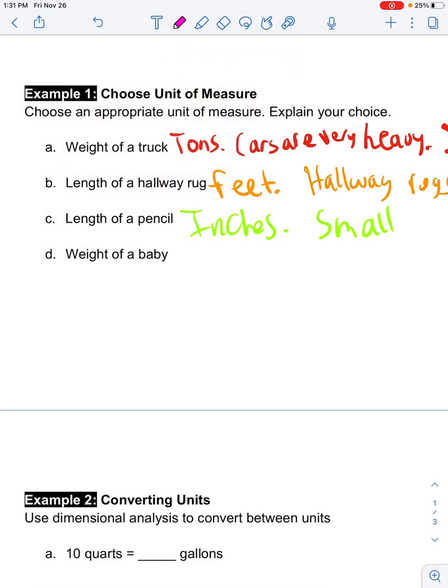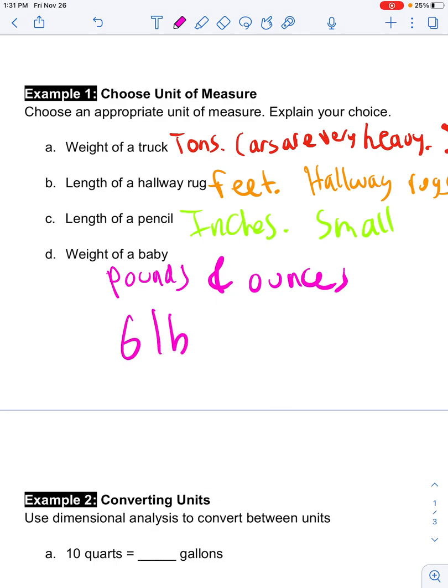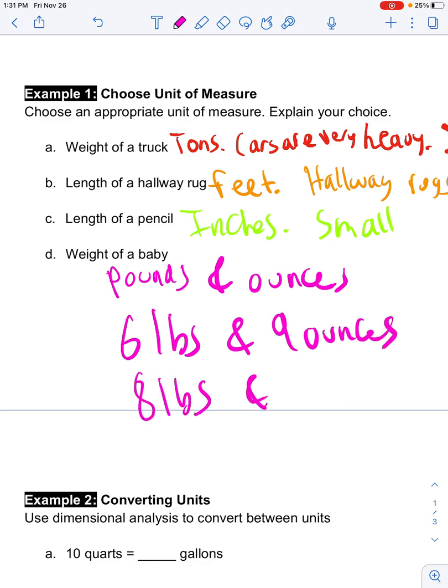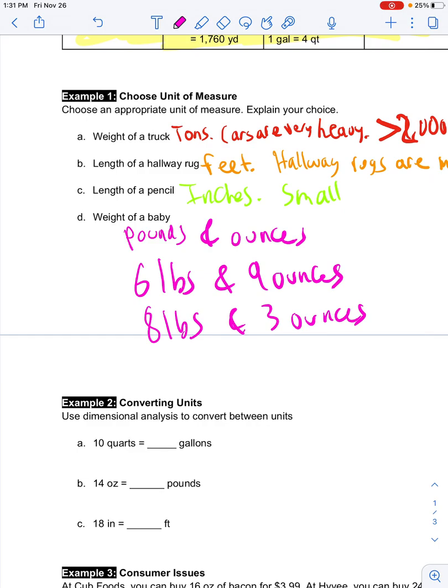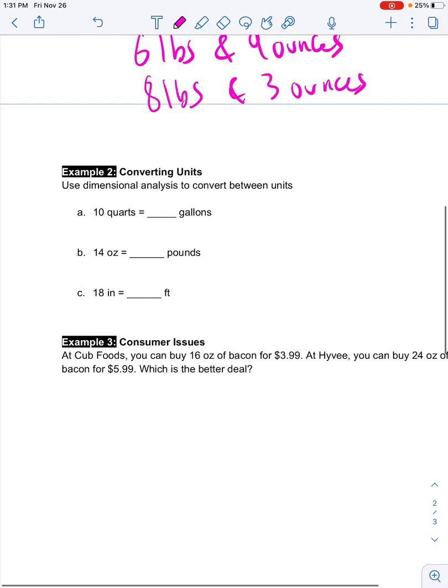Sometimes if they're preemies, they may weigh a little bit less, but usually with babies you talk about pounds and ounces. So you might say this baby is 6 pounds and 9 ounces, or 8 pounds and 3 ounces. That's just how people talk about the weight of babies.